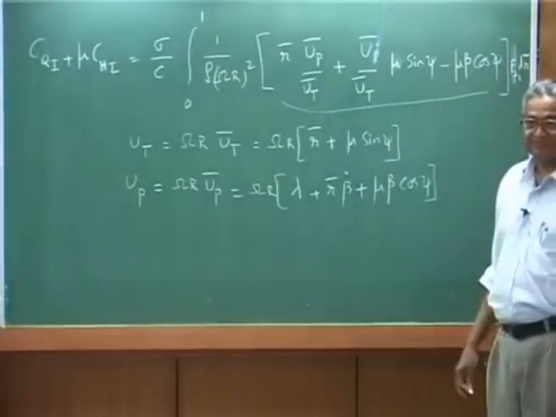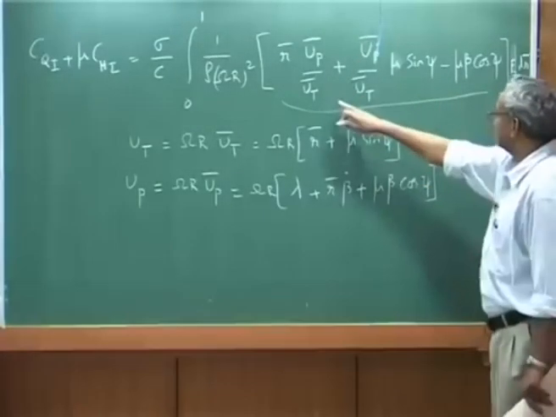What you do is you substitute here, because U_T is common.